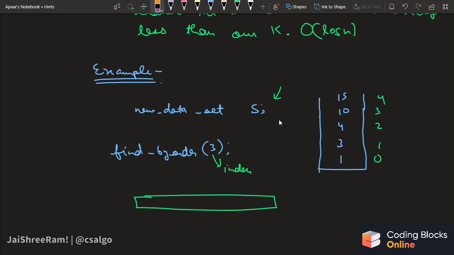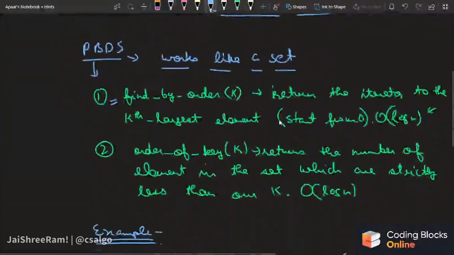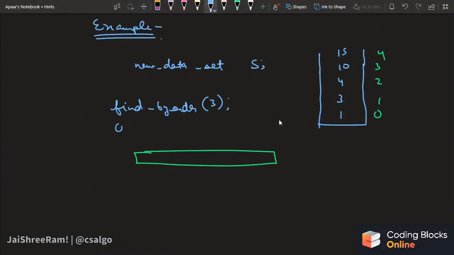Now let us use the second function, called order of key. This function tells me the order of the key in the current set, like how many elements are strictly smaller than the current element.